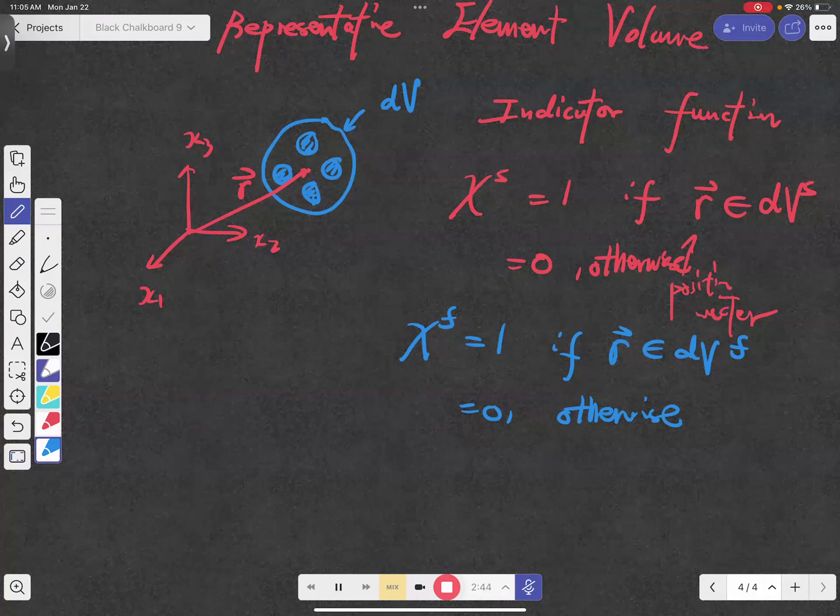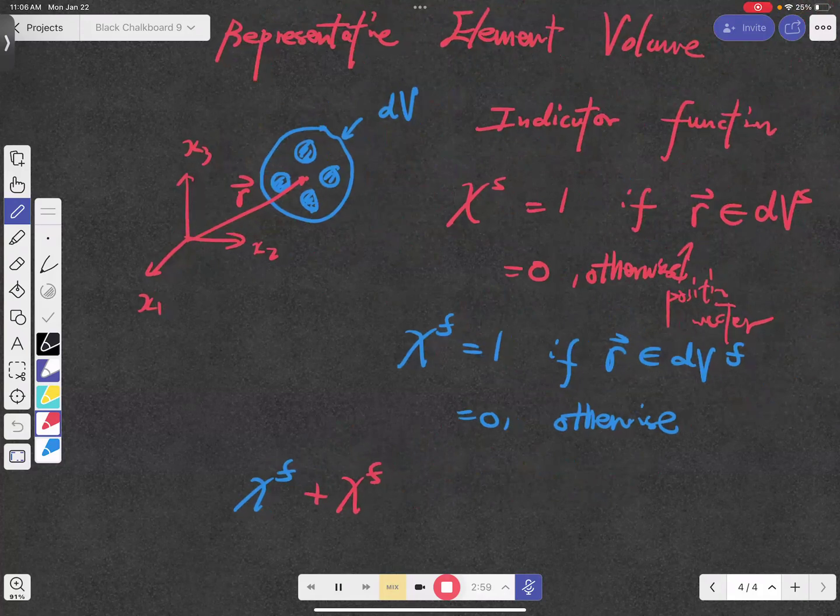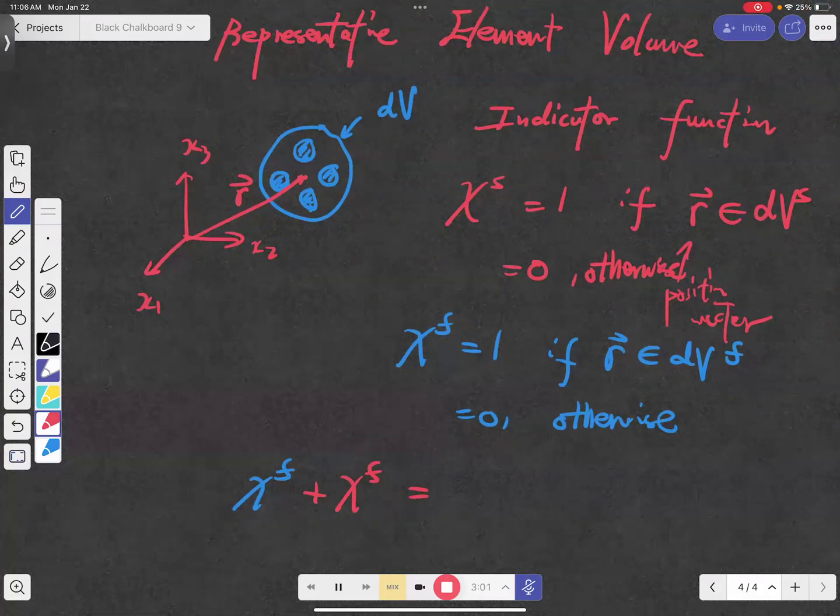Now I want to ask you a very important question. When you combine these values at any point in dV, without any additional information, what is the value? Can it be 2?